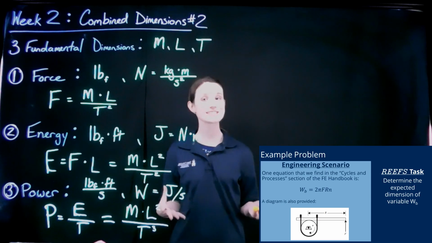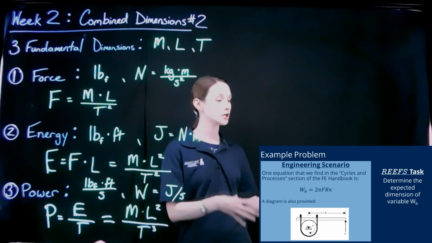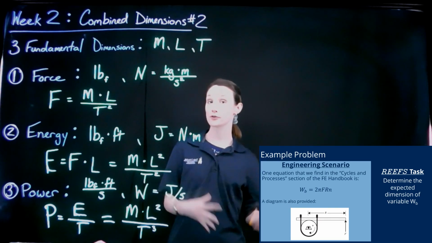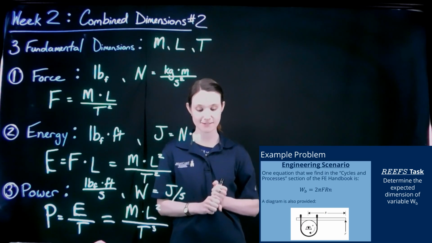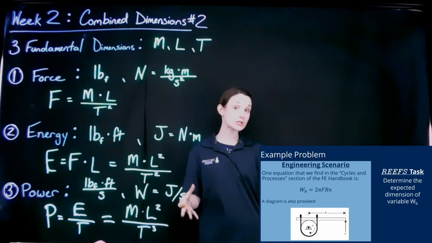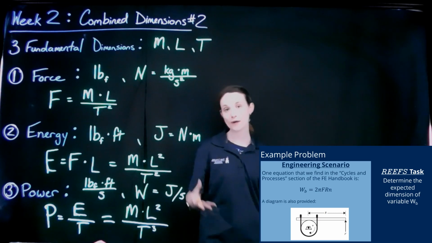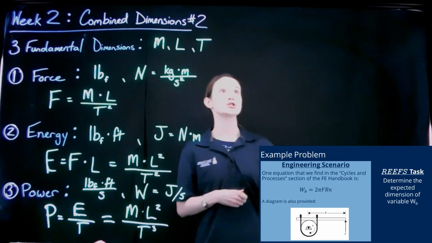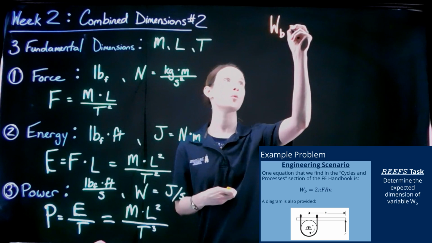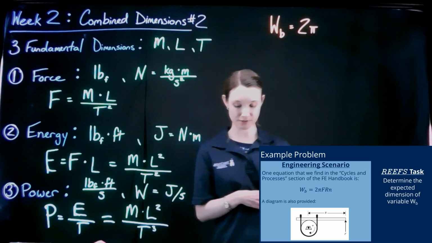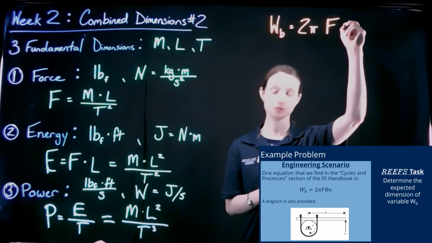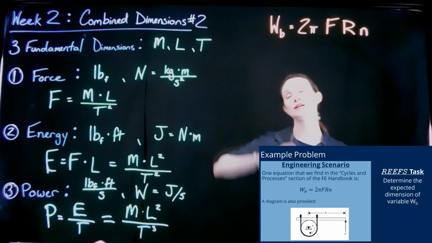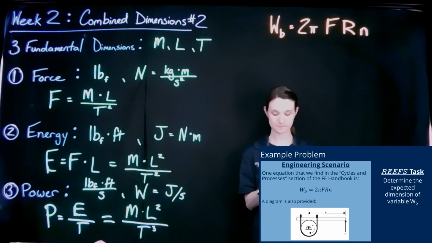This is the standard testing practice guide for the fundamentals of engineering exam, what you'll need to take in order to become a professional licensed engineer in the US. They've also given us a picture so we can start figuring out what some of the dimensions are on the variables on the right-hand side. So I can think about what is happening in this equation, use my picture, and determine what units or dimension I would expect to see in WB.